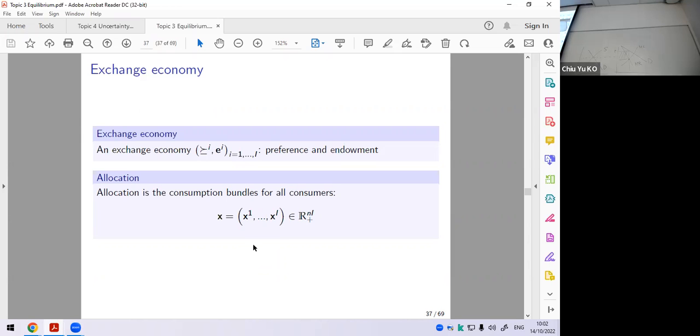And allocation means that maybe there's some dictator who says: all of us have this much, say 10 oranges, 10 bananas, 20 apples, and you get 1 apple, 3 bananas and 1 orange. Allocation says what each agent should have at the end. We don't say how we get there, just who gets what.